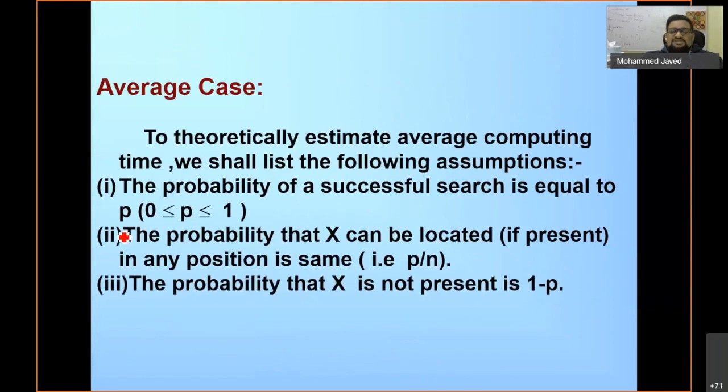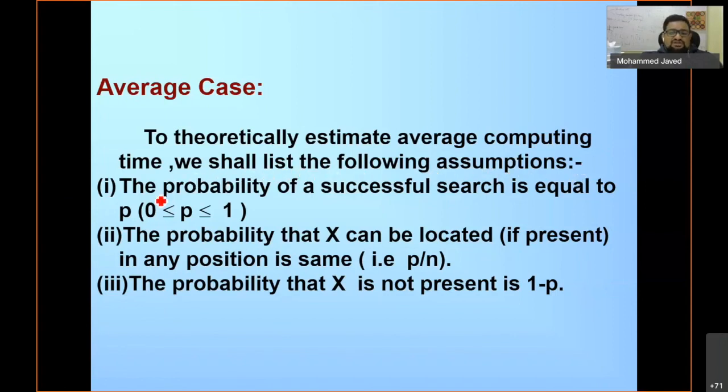Now let us see, in this particular example, how to calculate the average case computing time for the searching problem. To theoretically estimate the average computing time, we shall list the following assumptions.